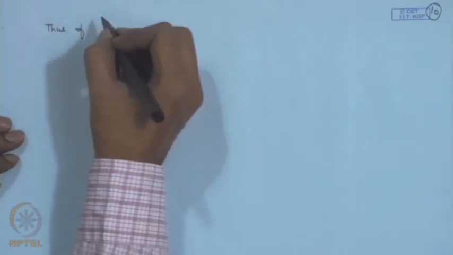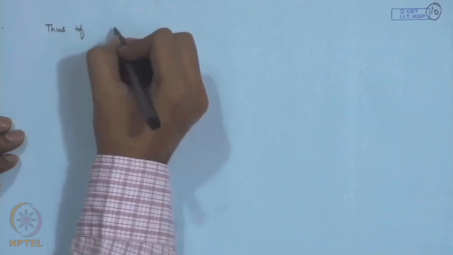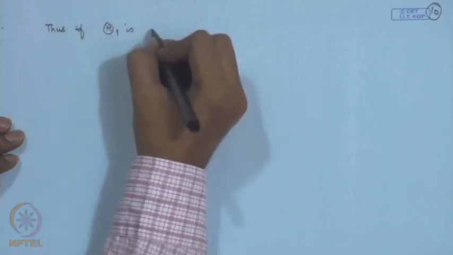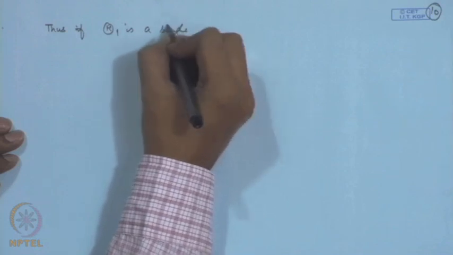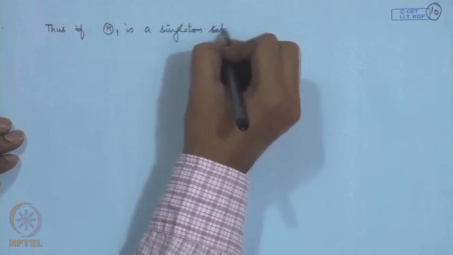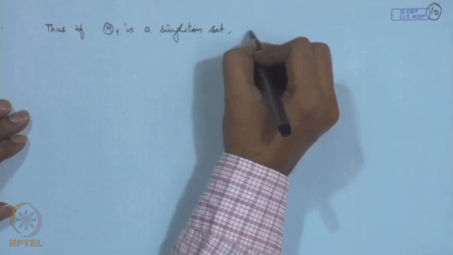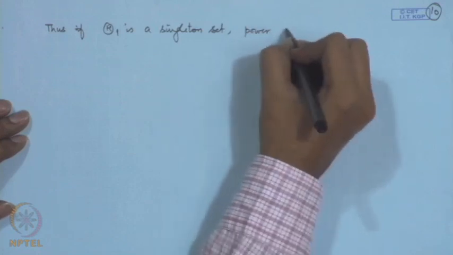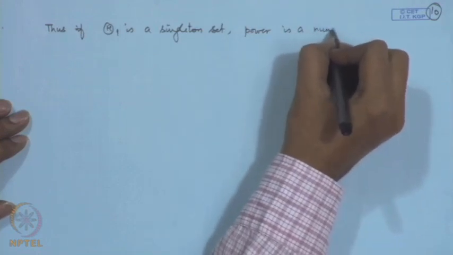Thus, if theta 1 is a singleton set, power is a number.